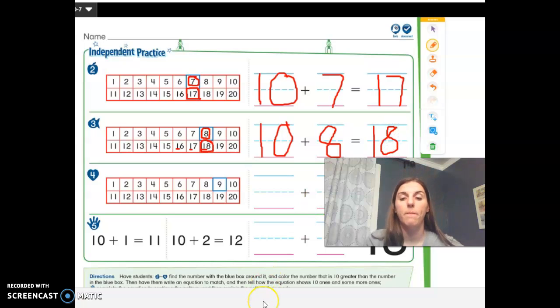Okay, and I'm going to have you do this one on your own. Okay, I'm going to go right down to this one here. Let's look at the equations we have so far. We have 10 plus 1 equals 11. 10 plus 2 equals 12. So if we know that 10 plus 1 equals 11 and 10 plus 2 equals 12, then what is 13 made up of? 13 is made up of one group of 10.